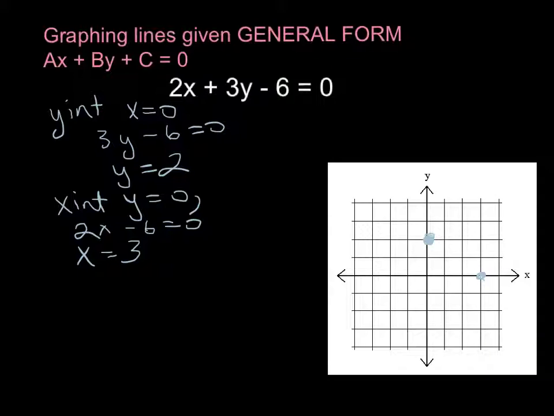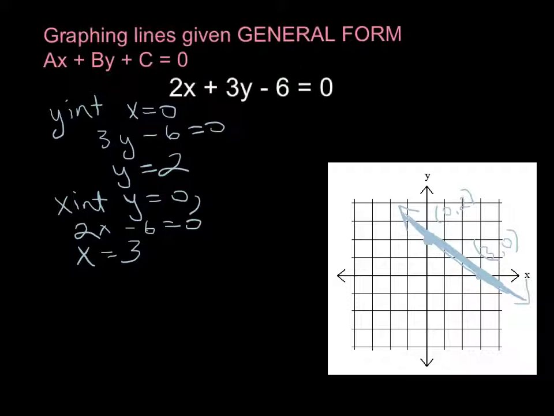We've got 2 points: this one here is (0, 2), and this one here is (3, 0). That's your x and y intercept. Now let's connect the two dots together. Hopefully you do a better job of connecting them than I am on this device. So there's your equation of that line.